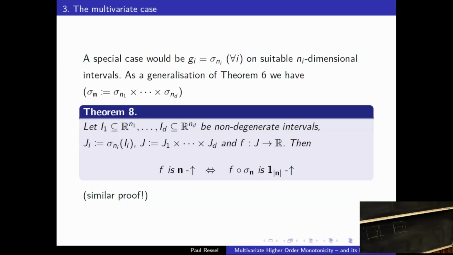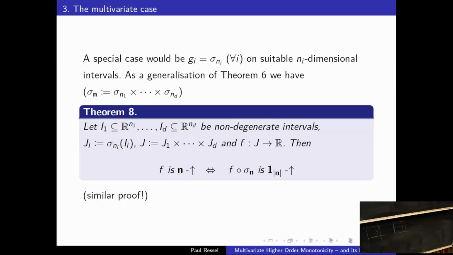So the situation as before, I have multi-dimensional intervals, I1 up to ID, and the sum values of these intervals are also one-dimensional intervals, Ji. J should be the product of those, and f a function on J. Then we can indeed say that f is vector n increasing if and only if f composed with this special sum function is 1 norm n increasing.